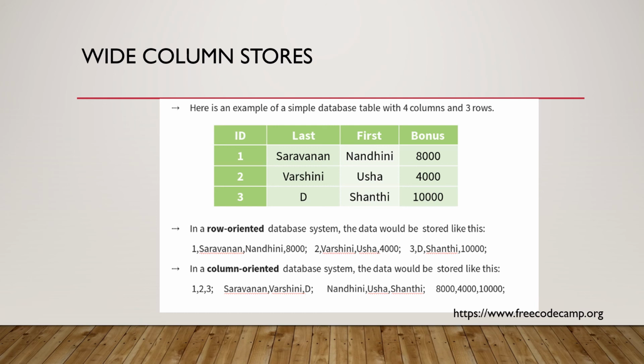That's what is available in the data store. For last name, it is stored as last colon Saravanan, last colon Varshini, last colon D. That's what is stored for the second column, and likewise it is repeated for the rest of the columns.